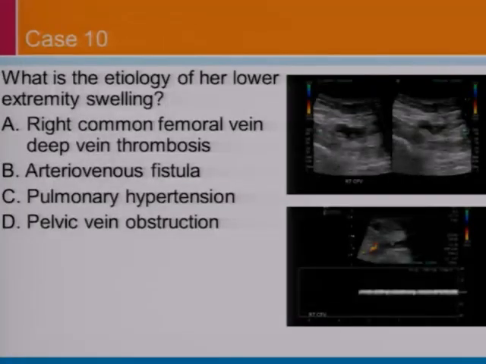All right, so what is the etiology of her right lower extremity swelling? Is it a right common femoral vein DVT, an arterial venous fistula, pulmonary hypertension, or pelvic vein obstruction?